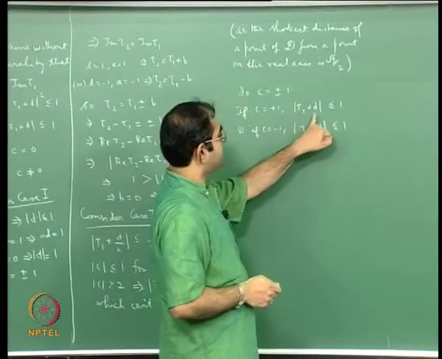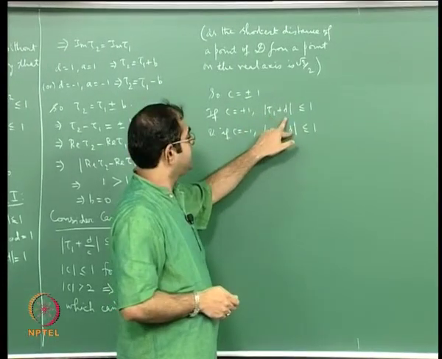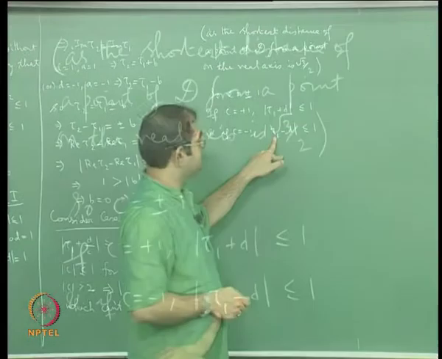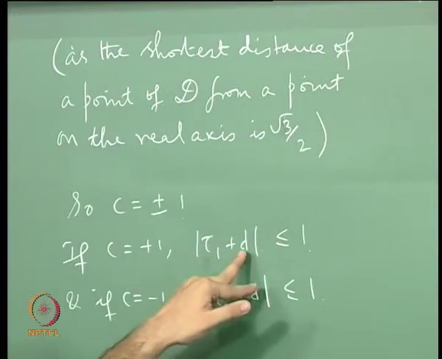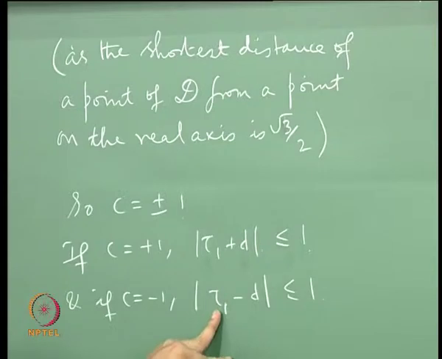So let us try to interpret this. What this says is the distance of tau 1 to the integer minus d is less than or equal to 1, and this says the distance of tau 1 from the integer plus d is less than or equal to 1.